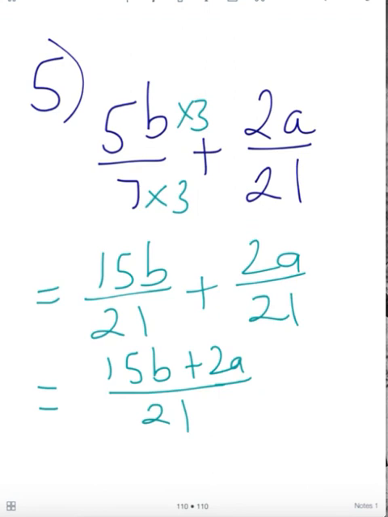You can see why it's important to include this step, because can we add 15b and the 2a? No, we can't. They are two different terms, and we have to stop there, okay? Because we can't add the 15b and the 2a, but we combine them under the same denominator. So that's the next step we have to take. So sometimes we can't add the algebra because they're not like terms, and that's where we stop here.